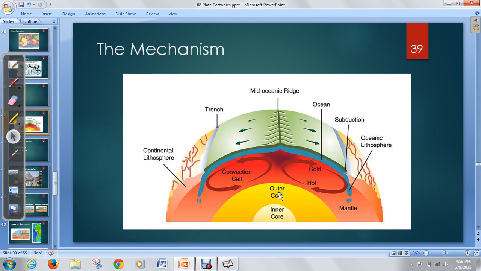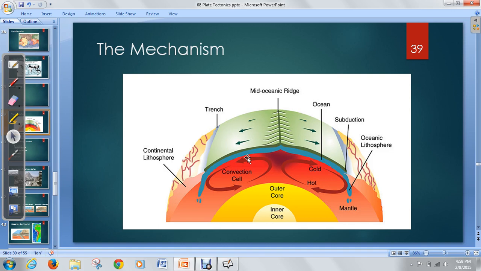Okay, so the outer core is going to be very hot, right? And the lithosphere is going to be relatively cold compared to it. And so this outer core heats up the lower material in the mantle, and that makes it rise, while the lithosphere causes this material to cool down and sink to the bottom of the mantle. And so we get these convection cells. They don't move the plates on top of them a whole bunch, but over time, consistently, these convection cells flowing is what causes the plates to move.